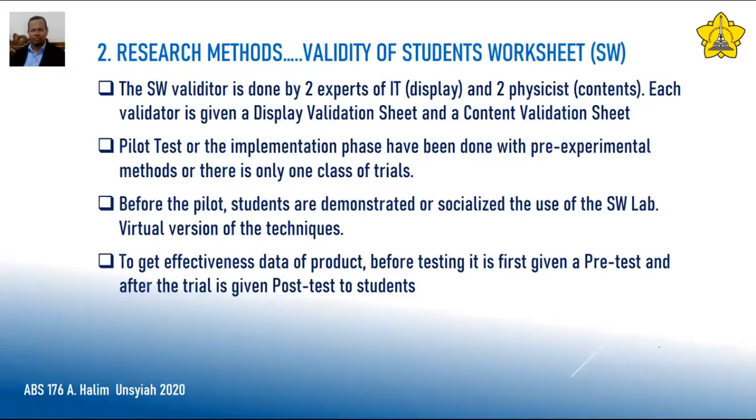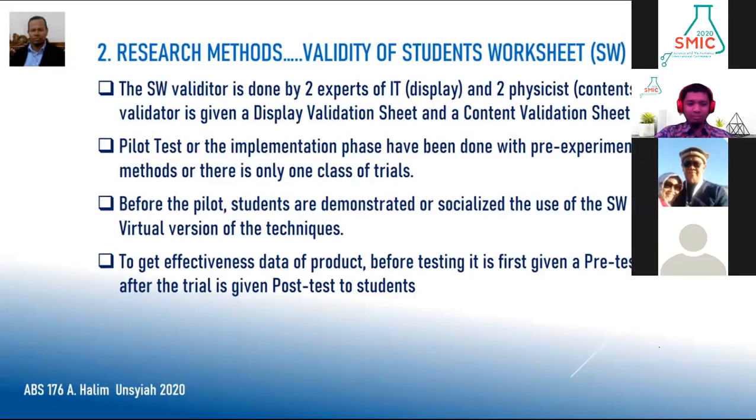Research methods: validity of the student worksheet (SW). The SW validation is done by 2 IT experts for display and 2 physics content experts. Each validator is given a display validation sheet and a content validation sheet.